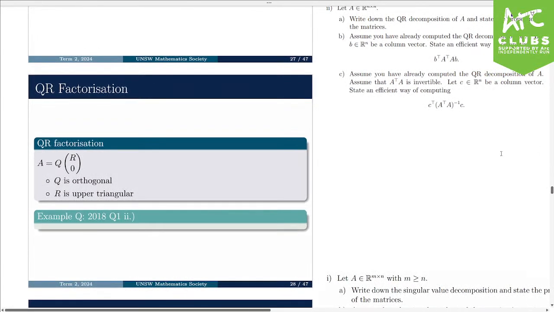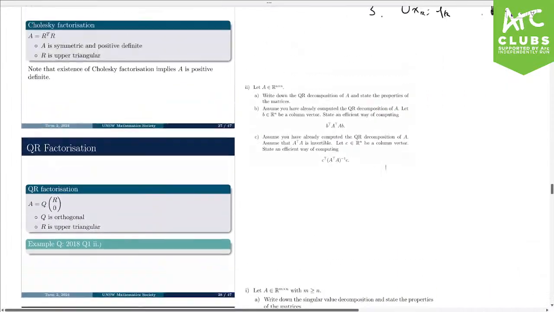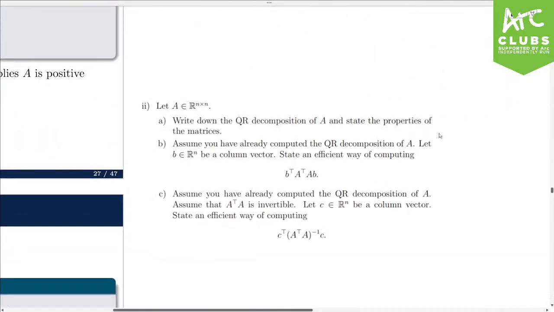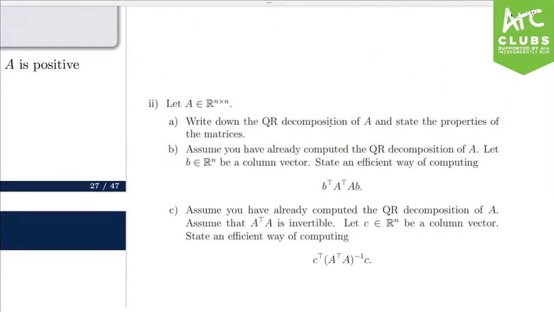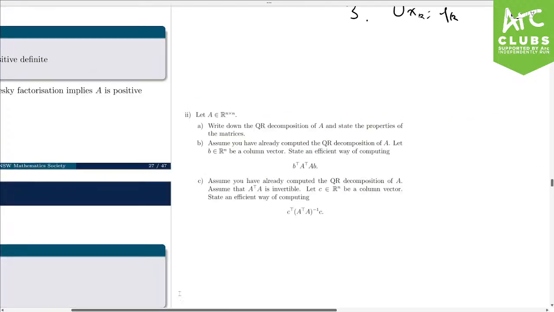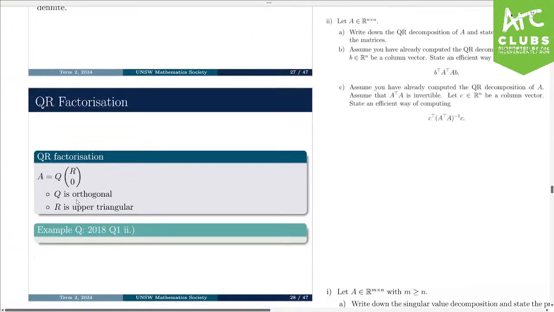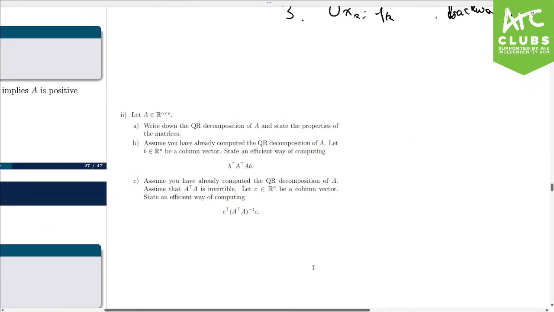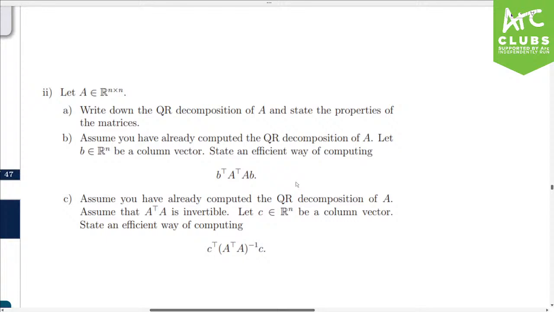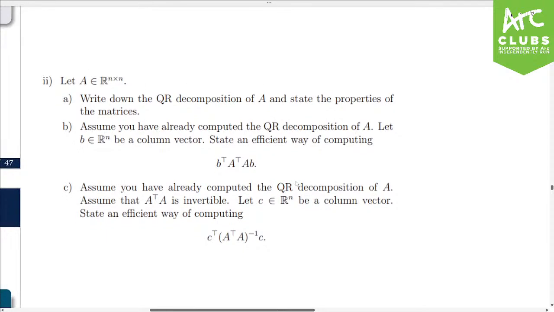And we have an example question from 2018 for this. So part A is just the properties here. Q is orthogonal and R is upper triangular. Part B, so we have found the QR decomposition of A. So we have A is QR. And we want to compute this efficiently.